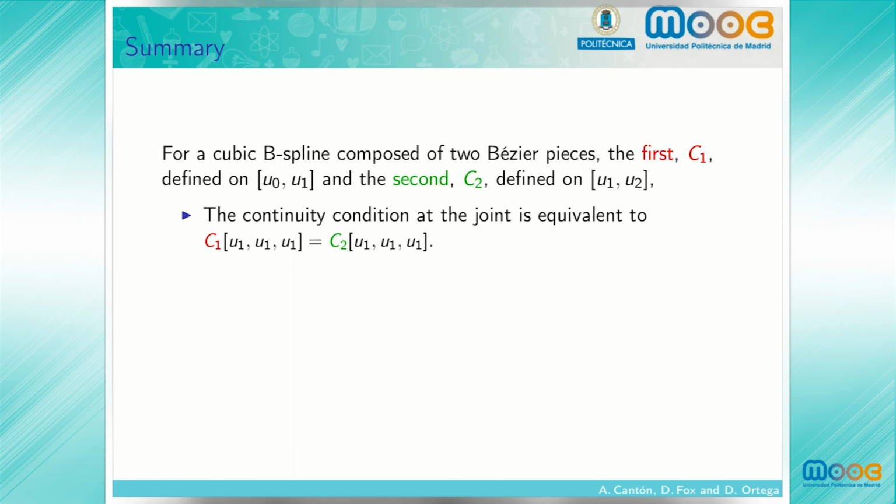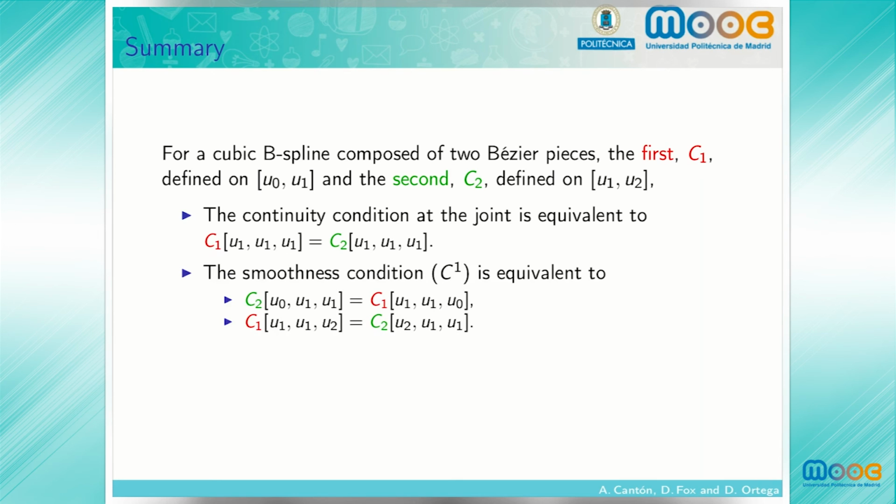So in summary, for a cubic B-spline composed of 2 Bezier pieces, the first one defined on u0, u1, and the second defined on u1, u2, the continuity condition means that the polar form of the first curve and the polar form of the second curve are equal when evaluated at u1 3 times. The C1 condition is equivalent to saying that both polar forms, the one given by the first curve and the second curve, are equal when evaluated at u1 twice and u0, or when evaluated at u1 twice and u2.